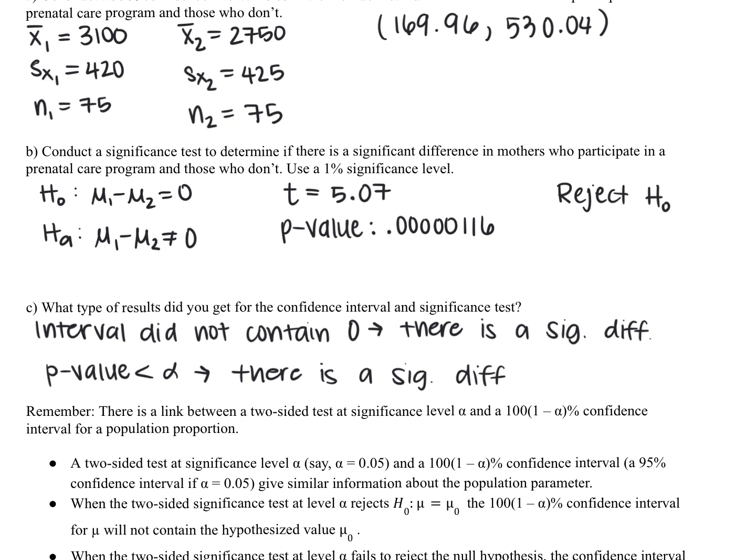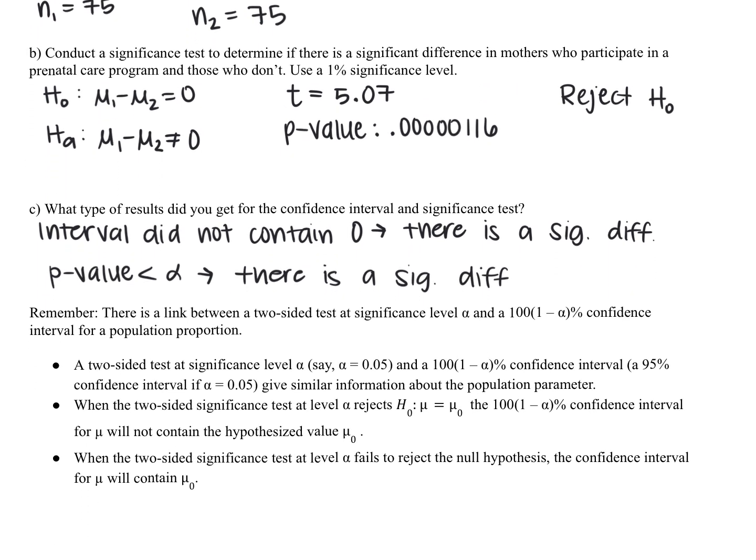Now, there are a couple things that go along with this. It only works in a two-sided test, which means the alternative hypothesis is does not equal. So you have to have a significance level of alpha and a confidence of 1 minus that. So if my significance level is 1%, my confidence interval has to be 99% because those add to 100. So if my significance level was 0.05, my confidence interval has to be 95%.